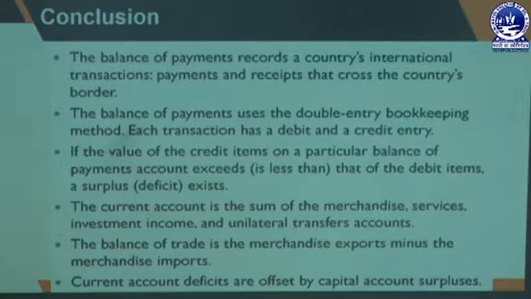As we know, we have already discussed the components of balance of payment. The balance of payment contains the current account and the capital account. In the current account, we have already discussed the balance of trade, which is the balance of imports and exports of goods.